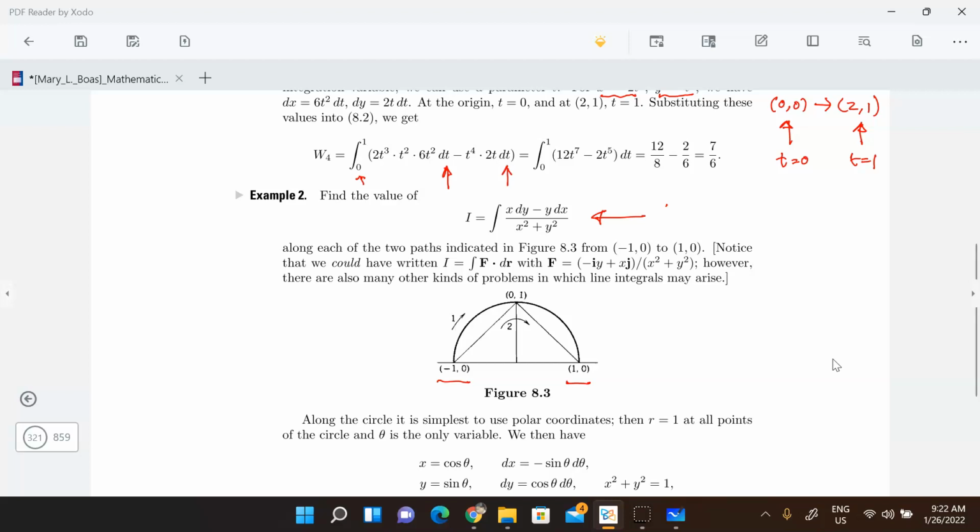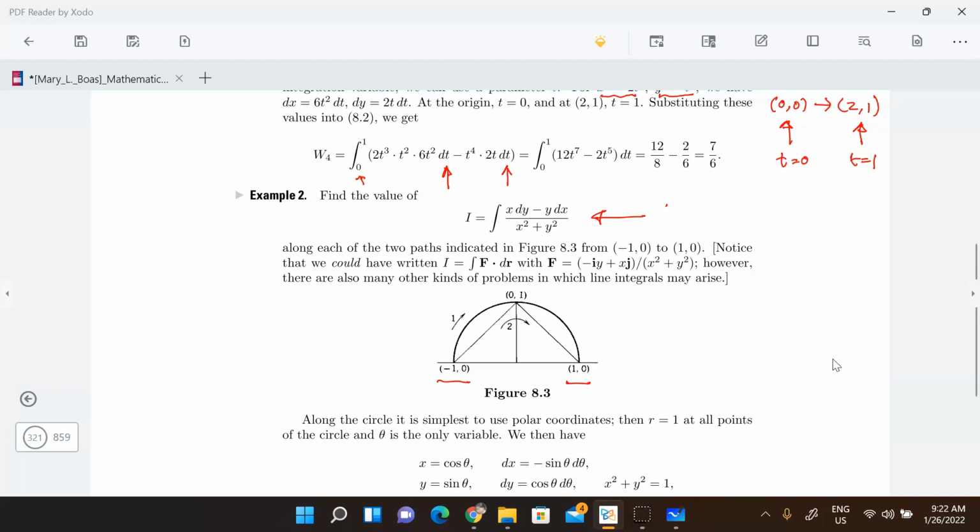The path that is shown in this figure, there are two paths. One is the semicircle, and the other one is the segmented path, path 2.